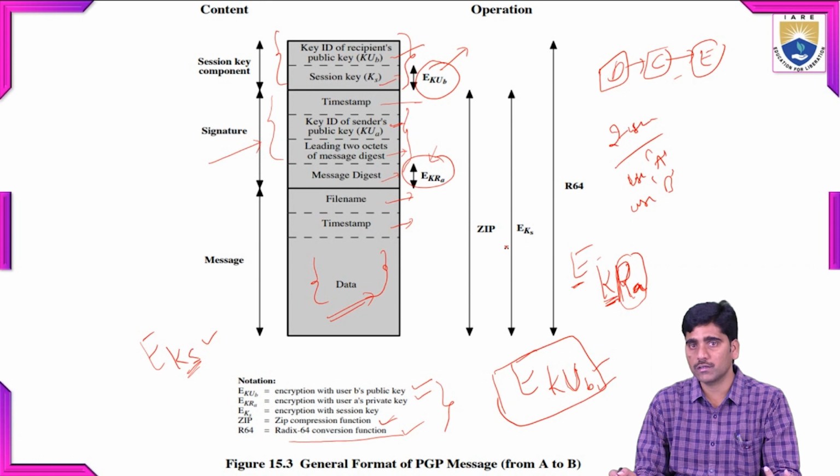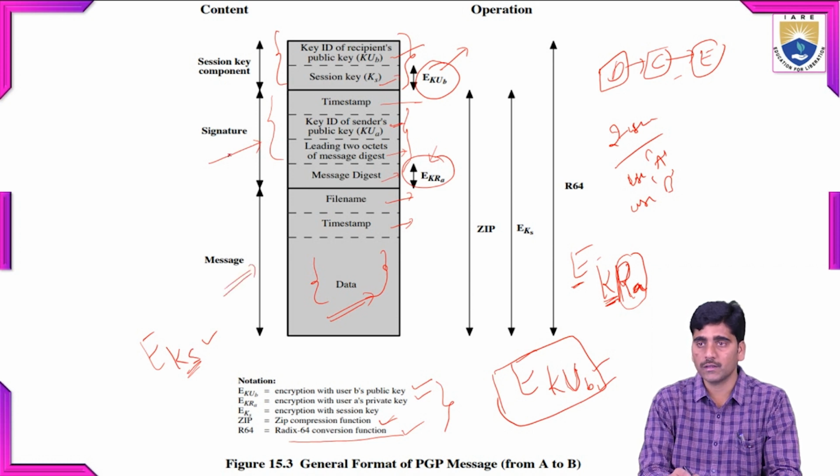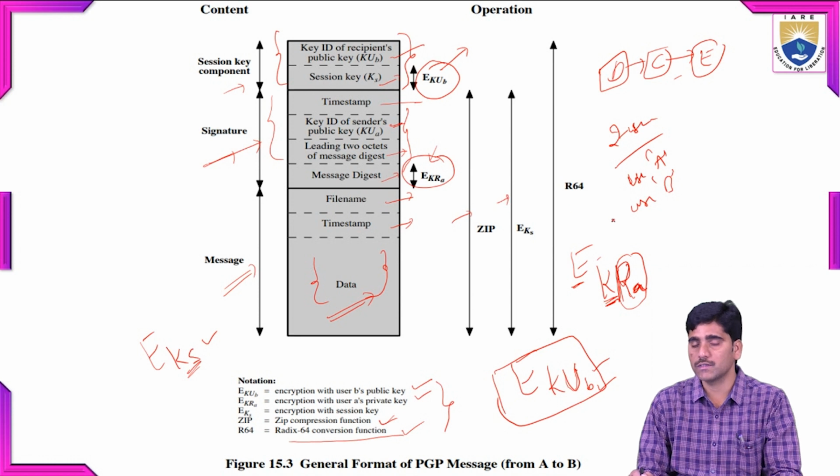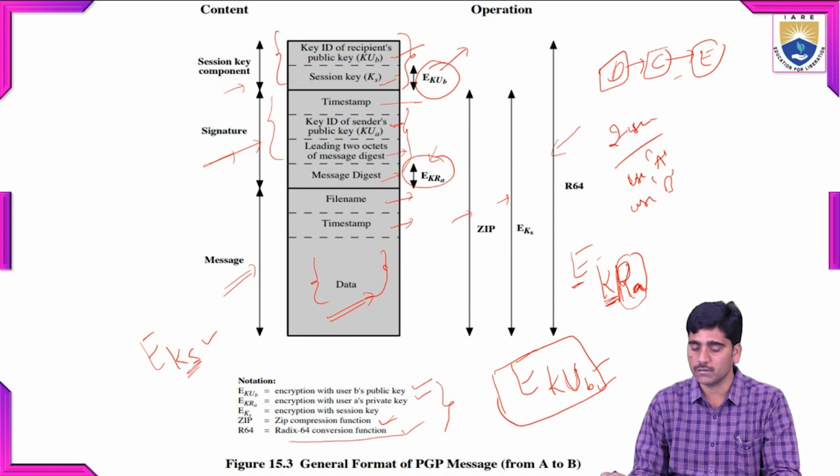So first is the message, next the signature is applied, and then the encryption or decryption process. For all of these, the zip compression function is applied. Then the session key encryption is applied, and it is converted with the radix conversion function from a compatibility point of view.